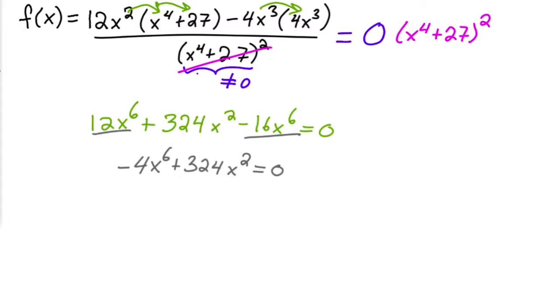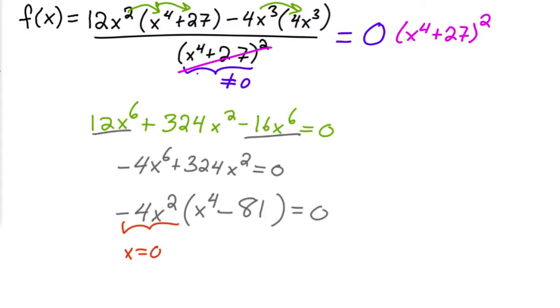Okay, and then to solve this, I'll factor. Let's take out a negative 4x squared, and that's going to leave me with x to the fourth minus 81 equals 0. And so then from this, I'm going to get that x equals 0 as a solution.